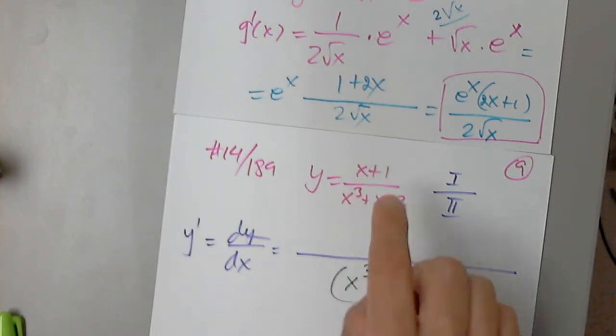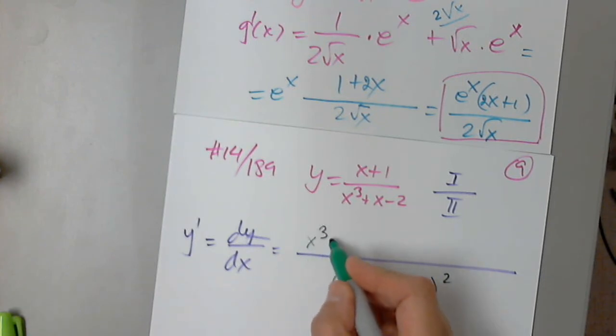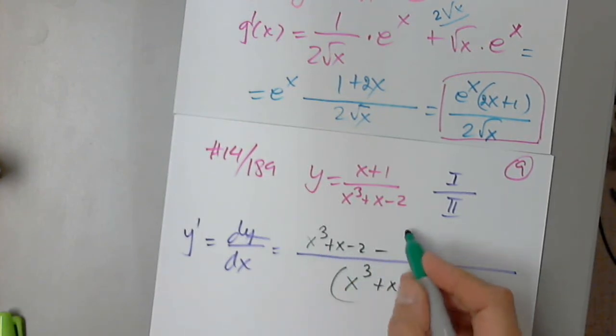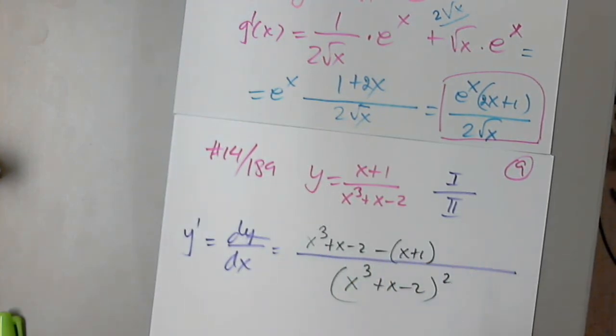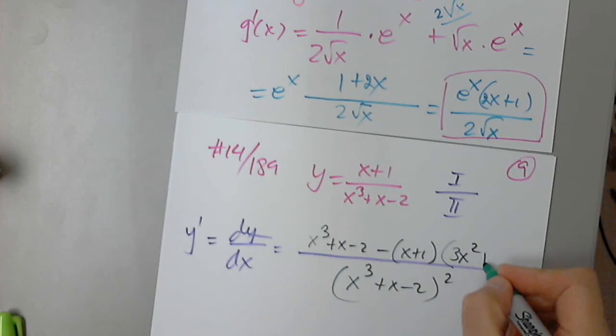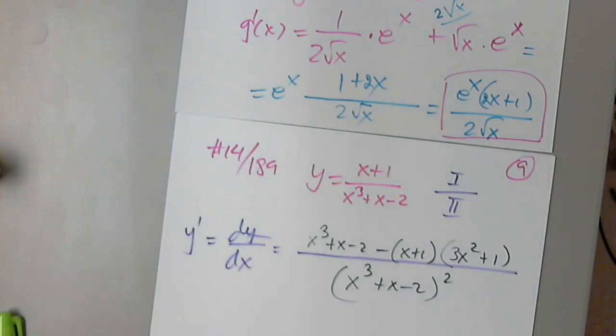The slope, 1 times the denominator, x cubed plus x minus 2, minus, I have to copy the numerator, and now I have to multiply it by the denominator prime, or the derivative of the denominator. So I bring 3 in front, I get 3x squared, and plus what? 1. Very good. 3x squared plus 1.